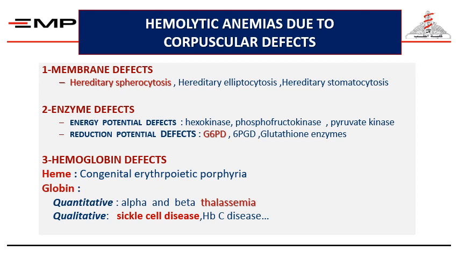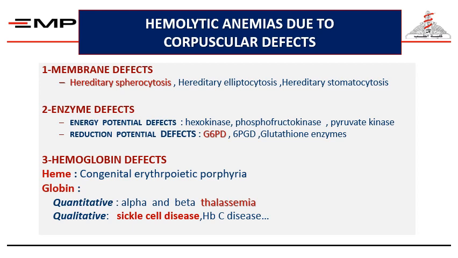Or hemoglobin defects, whether a disorder in the heme, which results in a disease called congenital erythropoietic porphyria, but the most important for us is defects in the globin chains, which could be quantitative or qualitative.